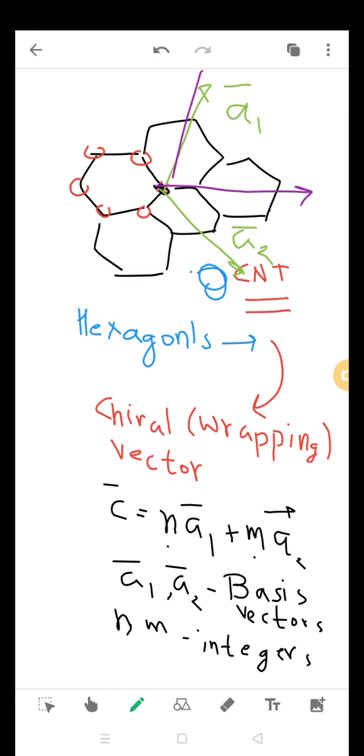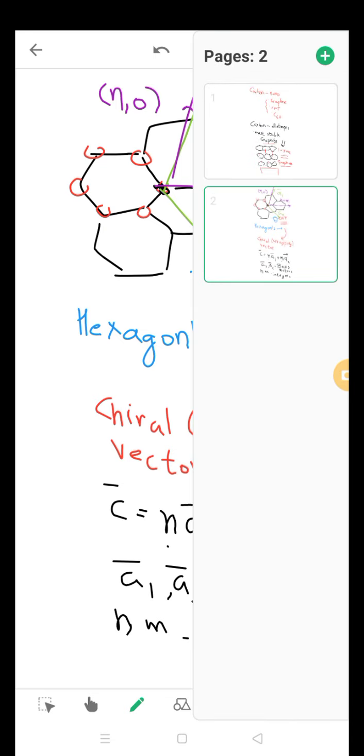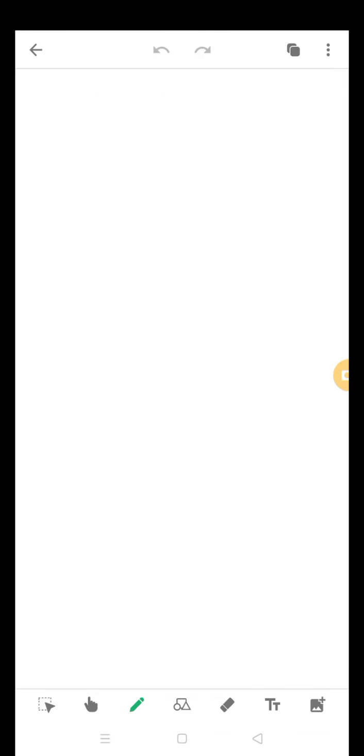If we wrap it along this direction, then N will be equal to M. And if we wrap it along this direction, then there will be only one N. There will be no M. So N is 0. So either we can have N equal to M, or we can call it NN wrapping, and we can have N0 wrapping.